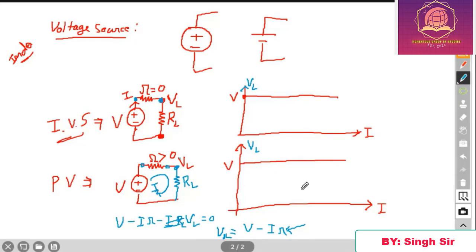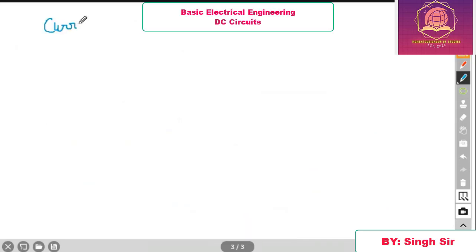But if r has some value, then as the value of I increases, the voltage VL will decrease. And at some point of current, the voltage across VL will be 0. That's very interesting. You can observe this very carefully.